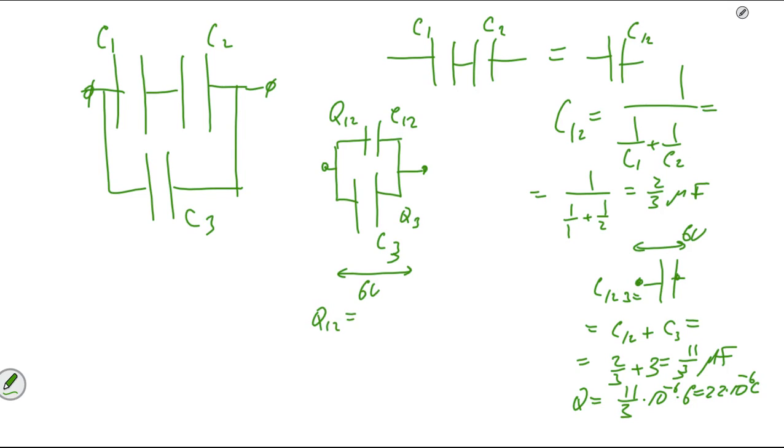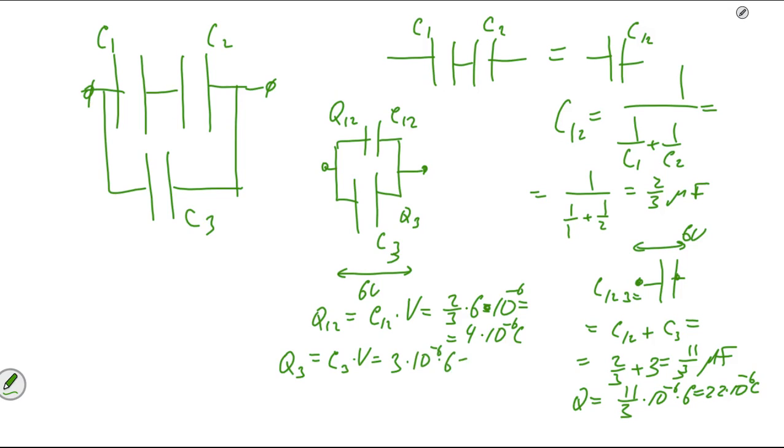Q12 is equal to C12 times voltage, and 2/3 times 6 times 10 to the -6, so 4, and Q3 is equal to C3 times voltage, 3 times 10 to the -6 times 6, 18 times 10 to the -6 coulombs, and 4 plus 18, which is Q3 plus Q12, of course, equals 22 times 10 to the -6 coulombs.